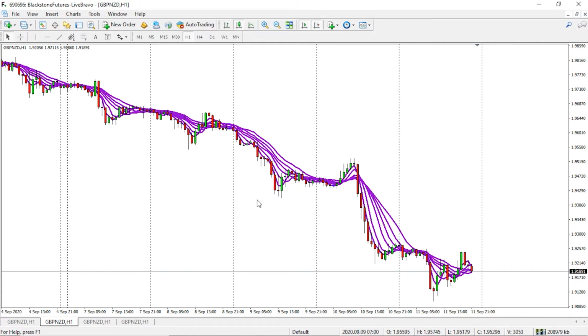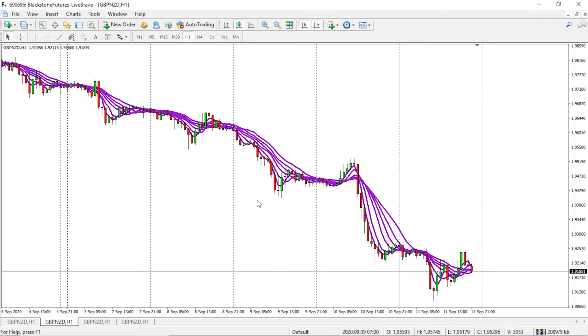Okay, so you have some pretty popular short-term time frames within a traditional moving average crossover technique. So we've got 6 short-term moving averages.